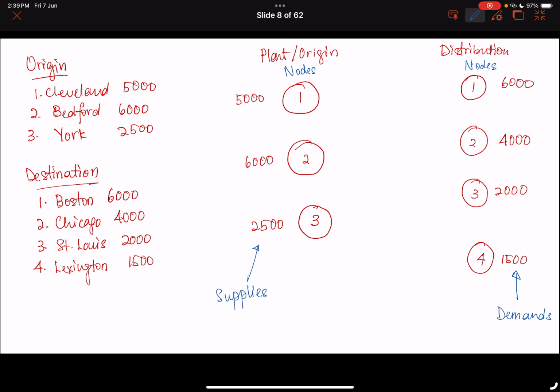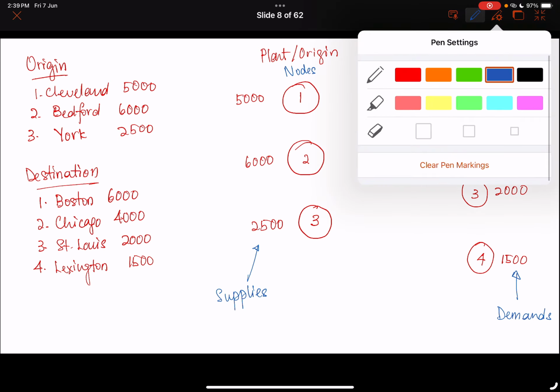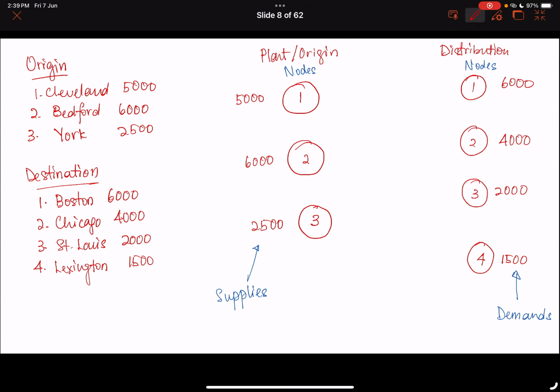So what we do here is draw out the possible distribution routes. Plant 1 can deliver to distribution node 1, node 2, node 3, and node 4.